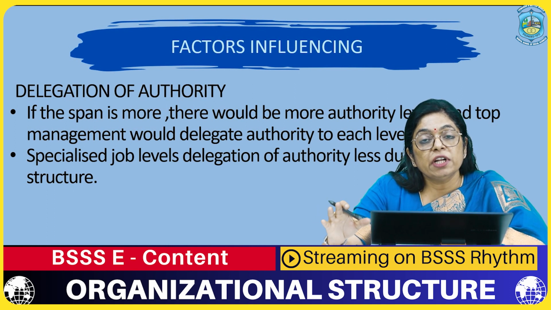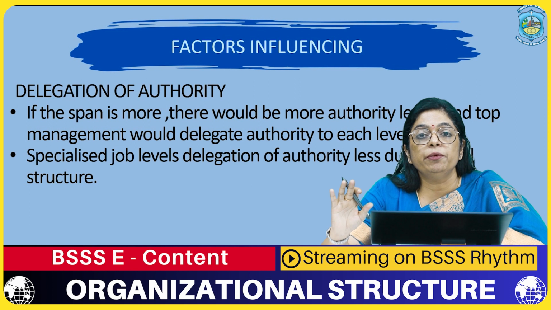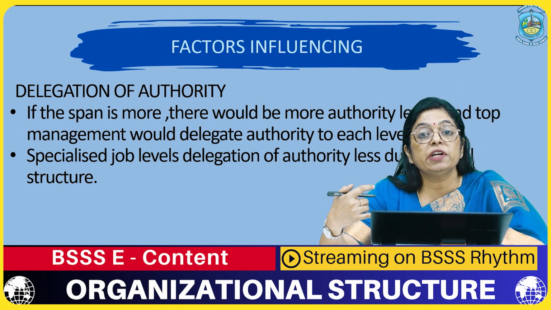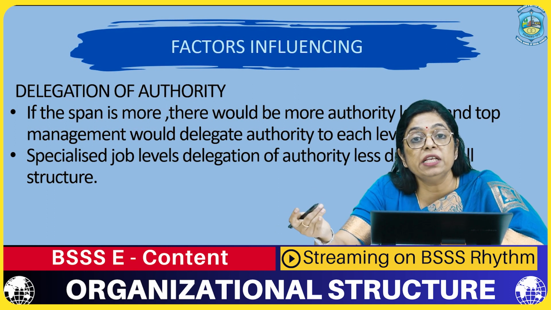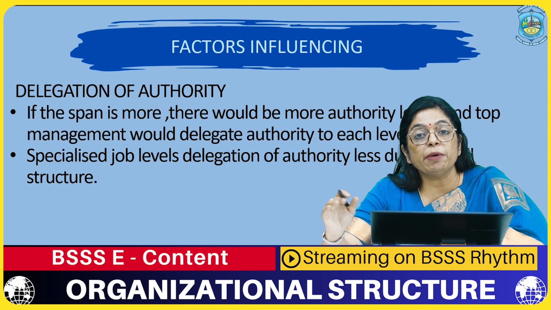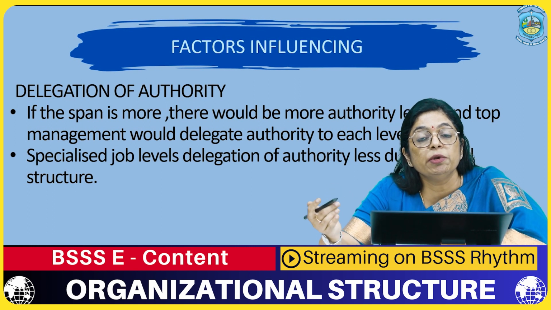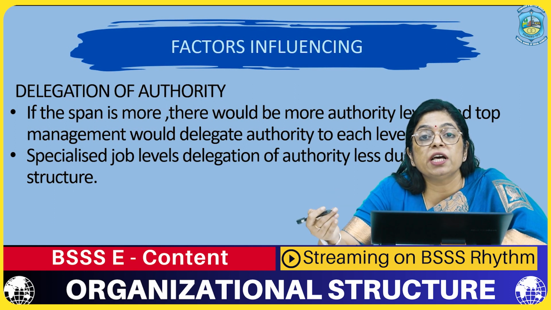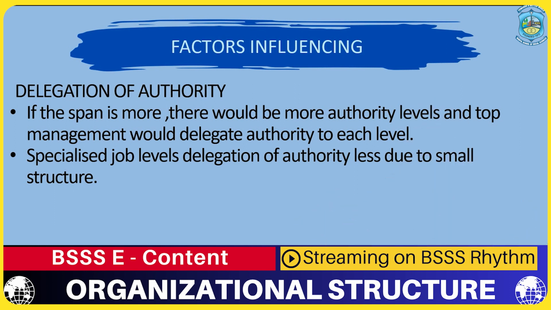For example, if an organization has 50 members, the delegation would be simpler, and if it has 50,000 employees, the delegation would be prepared accordingly. The span of control in the second case would be more than in the first. There would be more specializations required in the second case, where employees are recruited as per different specializations.